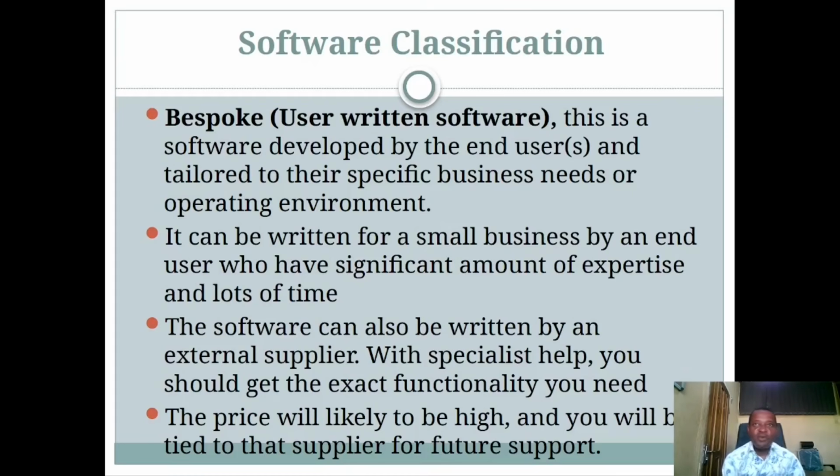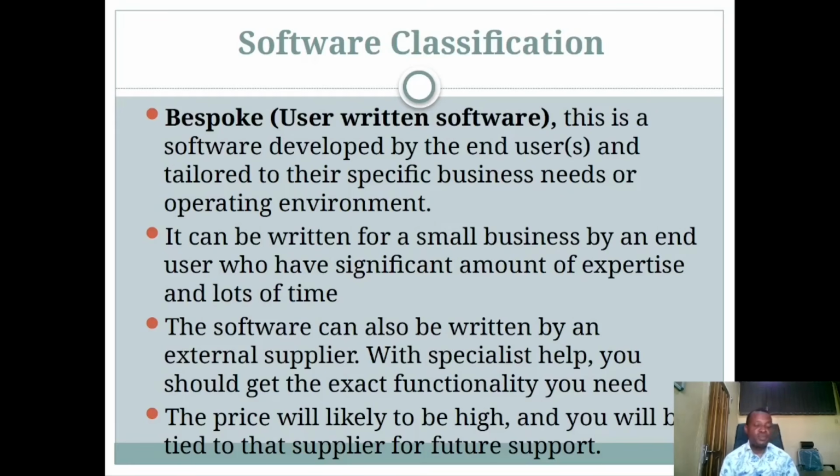For example, if you're operating a small shop and you need a software to manage your business, and you discover that you cannot see a software in the open market that you can use to manage your business operation, you can develop a bespoke software. You can develop user written software.